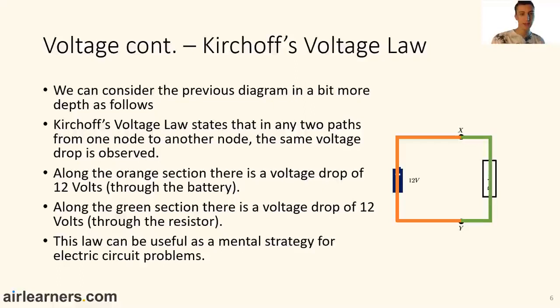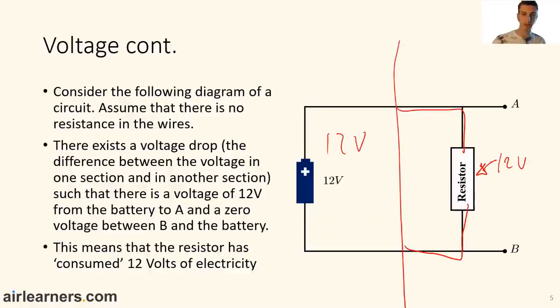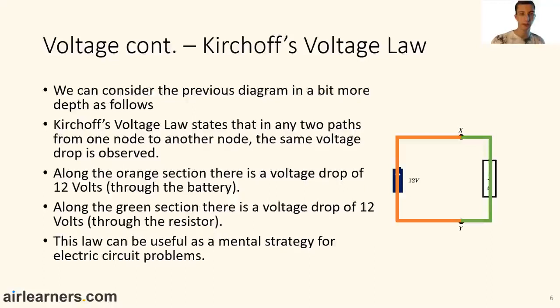We're going to bring in Kirchhoff's voltage law, because this really explains this observation from a scientific point of view. If we go back here, you can see I divided the circuit in 2, but what Kirchhoff says is that between any 2 paths from one node to another node, the nodes in this case being X and Y, whatever path you take, you're going to observe the same voltage drop.